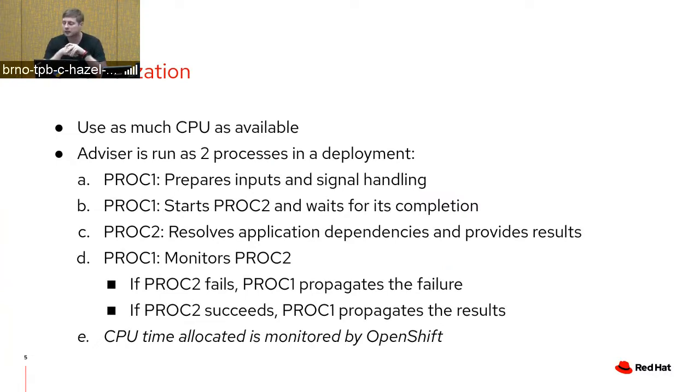This traversal can take forever in the worst case, because the dependency graph can be very large, and we need to have a mechanism to limit how much time we allocate for the resolution process to successfully complete and provide results. So we basically restrict how much time we give to the resolution algorithm to compute results and find suitable application dependencies.